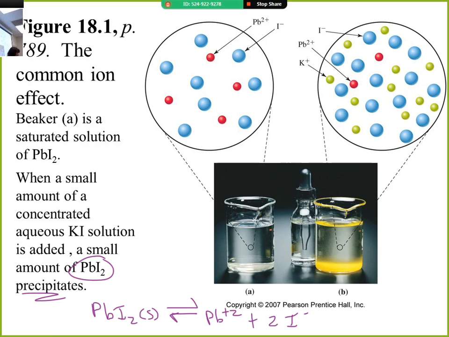So basically, we added more of this. Okay, this was in your dropper bottle in the form of potassium iodide. We don't care about the potassium, it's a spectator, but we do care that you added more of this. What did it make it do? Precipitate out. So that sludge right there, that is your PbI2 solid. That's how this works. Okay.